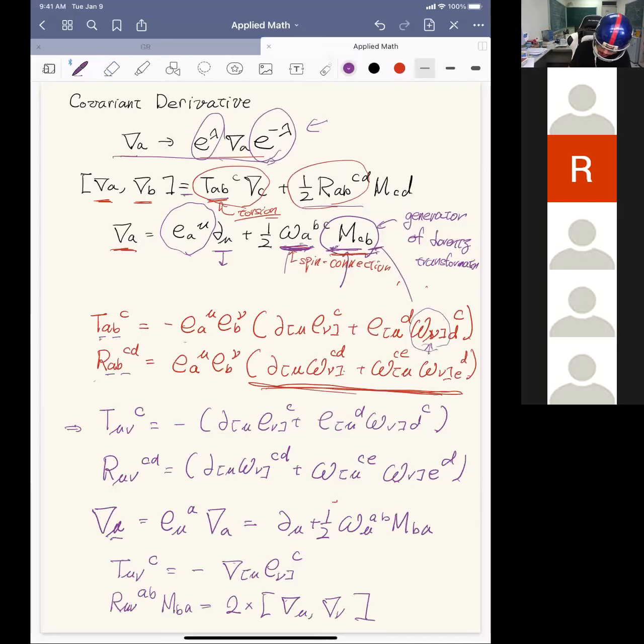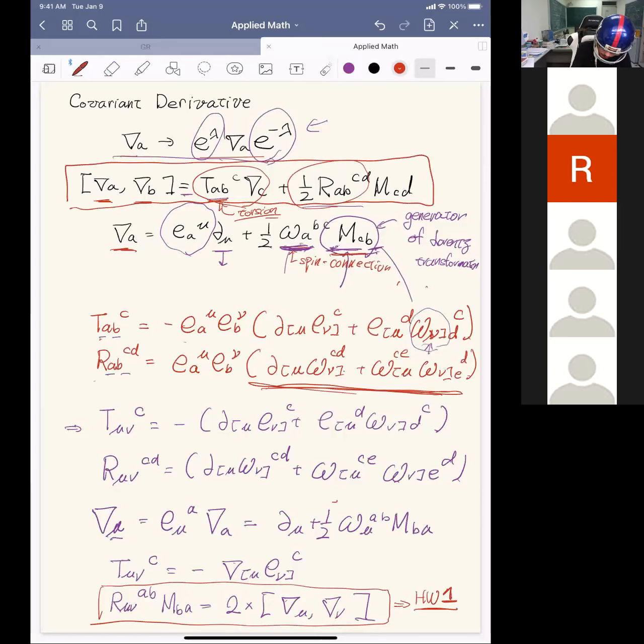Okay, I want you to work this out. This will be homework 1. There are going to be the last 2 homework today. Starting from this equation, which is how we define the Riemann tensor and the torsion in this frame, and I've already given you that if you work out this equation, the Riemann tensor and the torsion in terms of Vierbein will look like this.